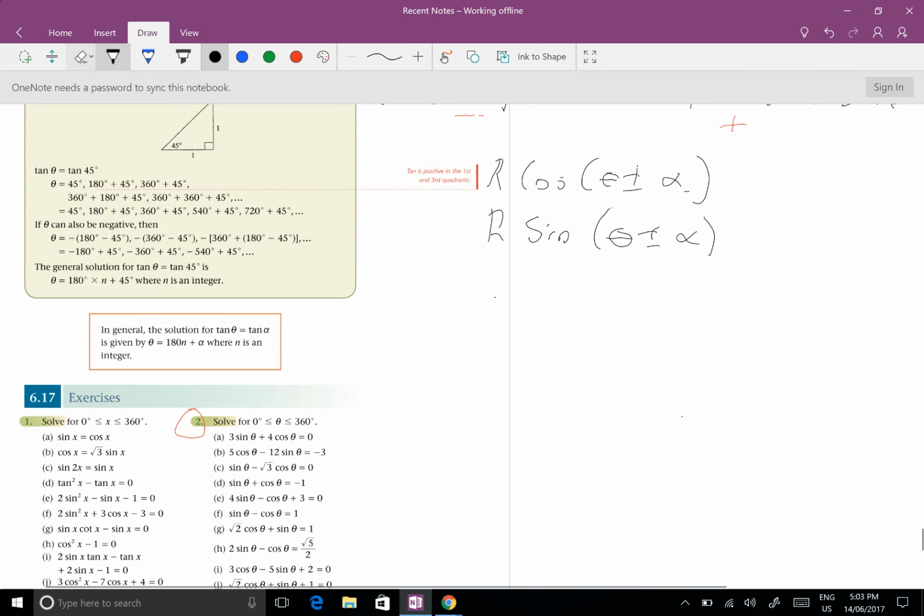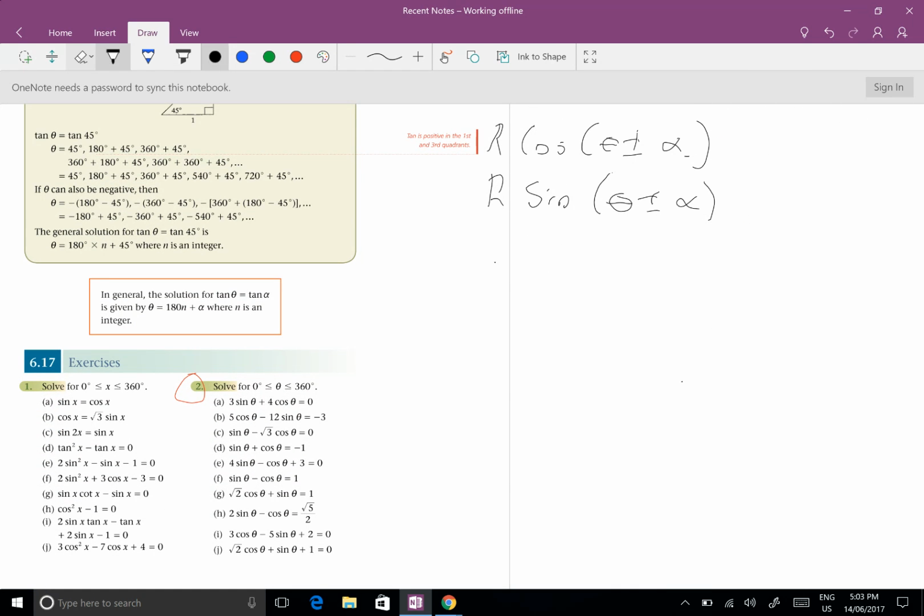So let's try one, and we'll do 2b. We've got this equation, 5 cos theta minus 12 sine theta equals -3.